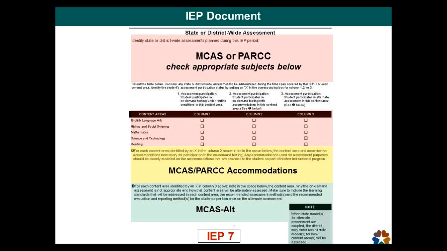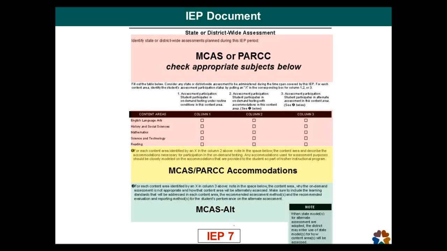So here is now IEP 7. And this is the section that talks about the participation in MCAS or PARC. Now remember, every student must participate in either MCAS or PARC. And as I mentioned at the beginning, if you have a student in 10th grade, that student must be taking MCAS, at least at this point until or if Massachusetts accepts PARC.